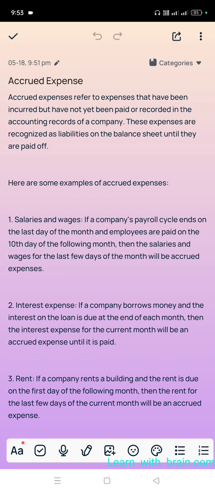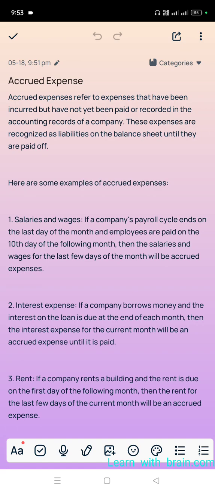When will we pay salaries and wages? Next month's beginning, or the 10th or 5th or any other fixed date. First we receive services from employees, so the expense accrues day by day until the end of the month. Okay, I hope you understand.